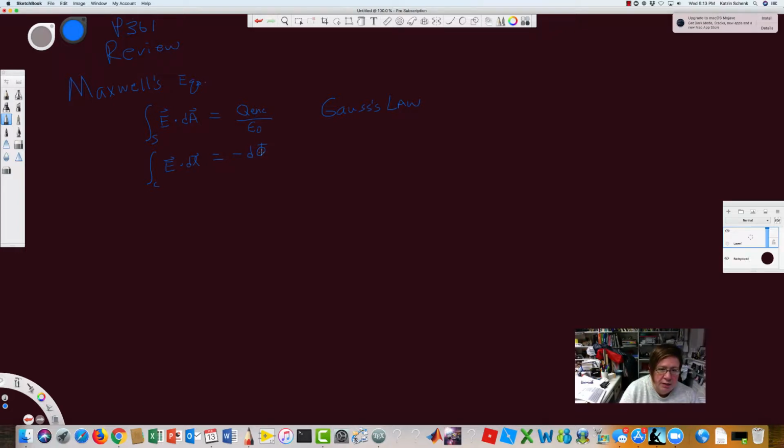This is this phi B. That's not written in an integral form, but of course you could write phi B in an integral form if you wanted to, because it's just the flux through a surface of B dot dA. Nothing special here, just flux. And it tells you that basically you can get a potential by changing the flux of the magnetic field. You should know that as Faraday's law.